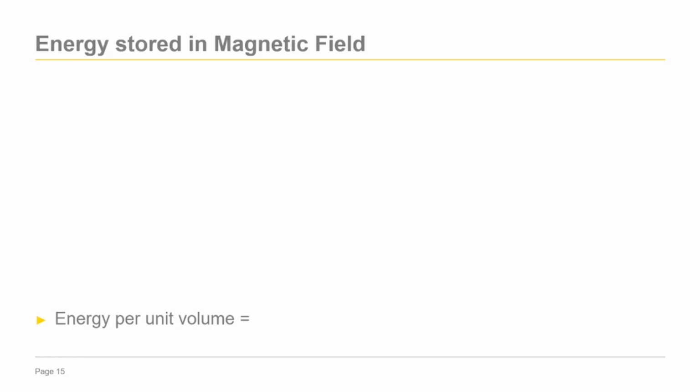Now, trying to find the energy within the magnetic field, since we know that L is magnetic flux over current, and the flux over current is B times A over I, where B is the flux density and A is area.